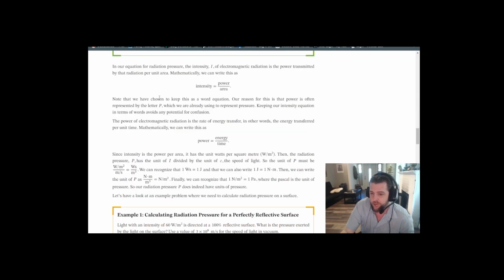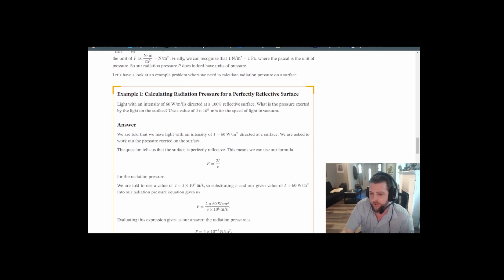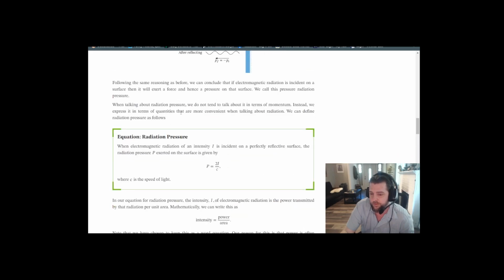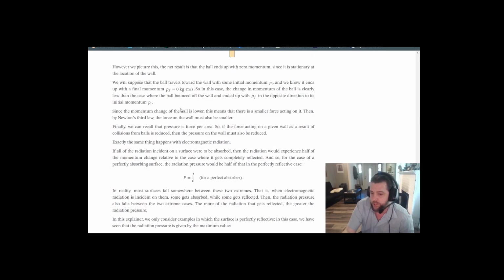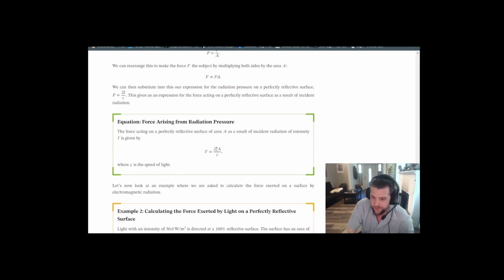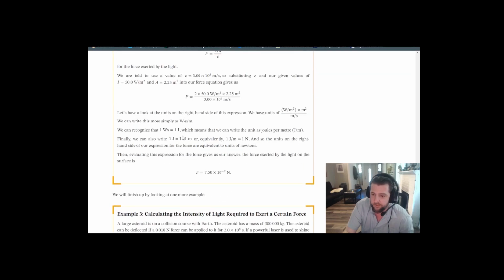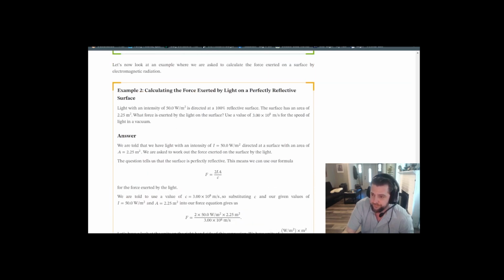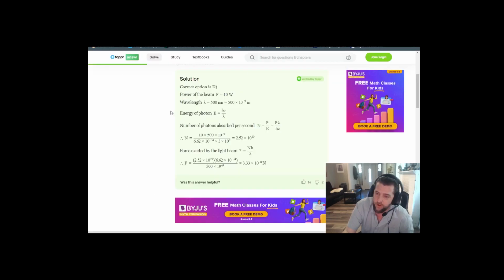This right here is just some article that goes off into transferring photonic energy into force, but they do it through intensity and area of the affected intensity, and this formula does not really help us out much. So let's just move on.